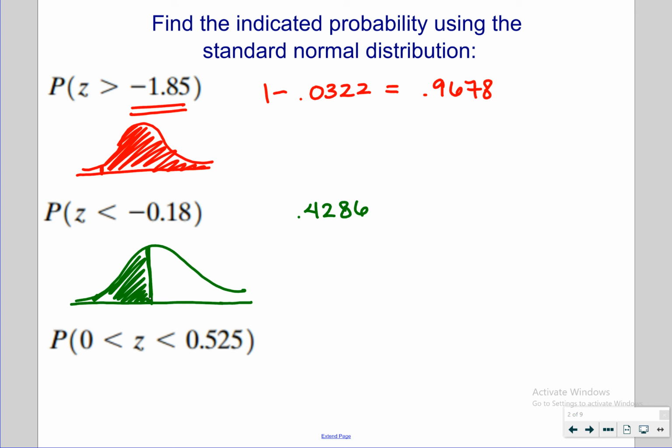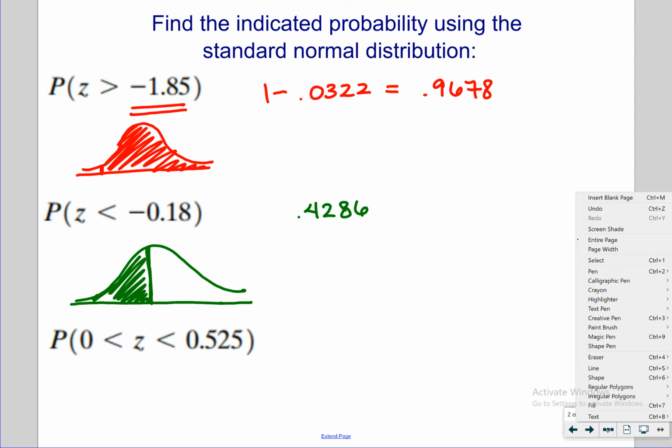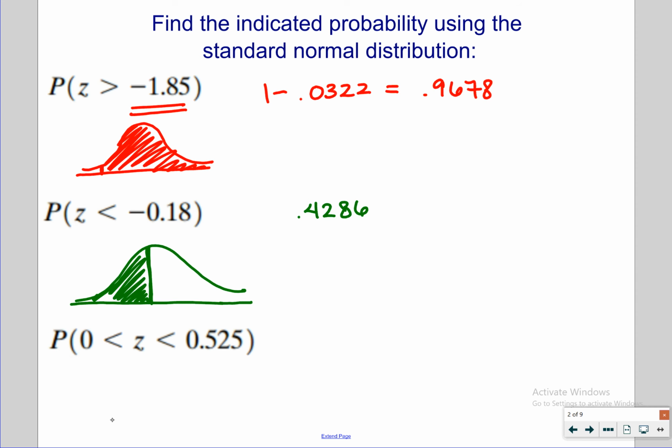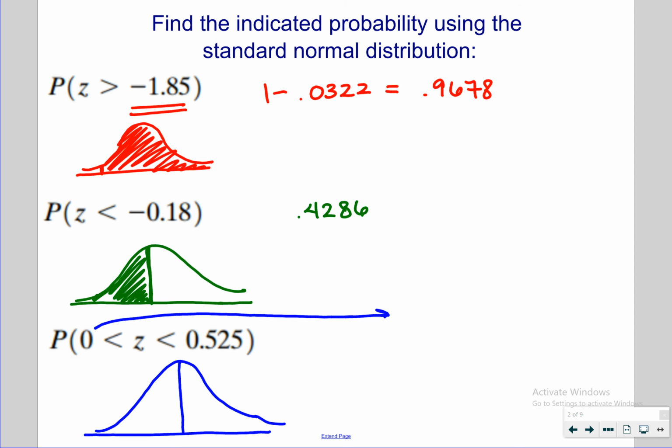Probability that we have a z-score between 0 and 0.525. Okay, again, I'm going to make a quick little sketch. A z-score of 0 is where on this curve? Where? The middle. It's at the mean. So I could look up that one if I really wanted to on this chart, but I know if I'm at the mean, the cumulative area or area below there is going to be just a 0.5.